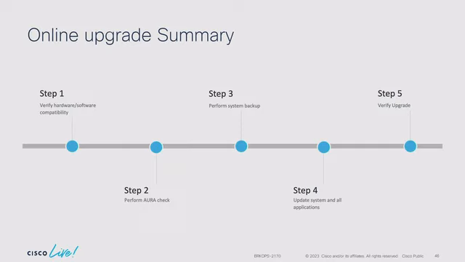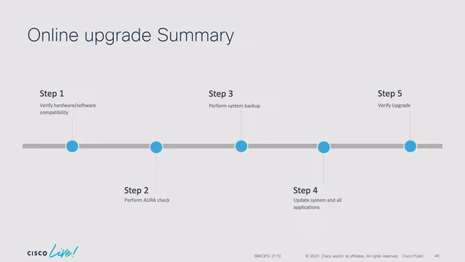So, summaries. This is the online upgrade summary. Can you have a look, please? So we verify the hardware and software compatibility matrix, then the Aura checks, then the backup, then update the system and the underlying applications.